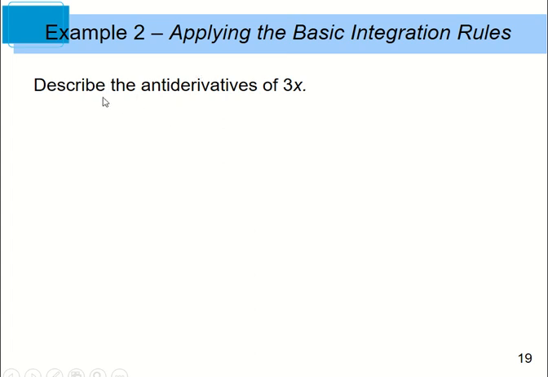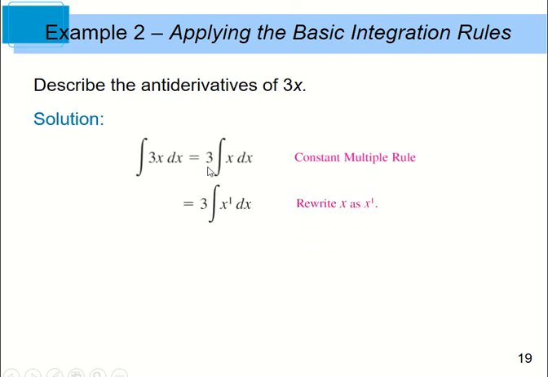First, describe the antiderivative of 3x. The antiderivative of 3x means that we need to integrate 3x. When we integrate 3x, first we integrate the x only. The 3 is the coefficient, we just put aside. For the x, the power is actually 1, so we add 1 to the power.